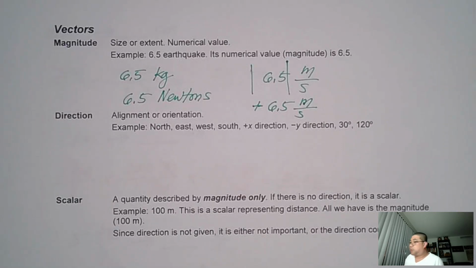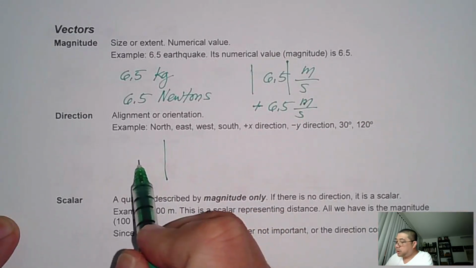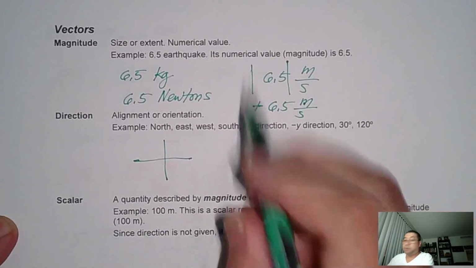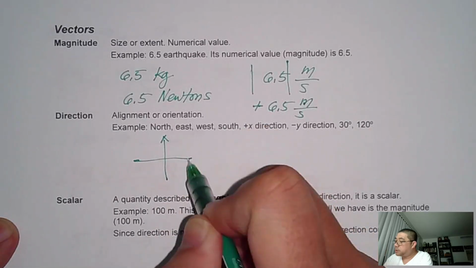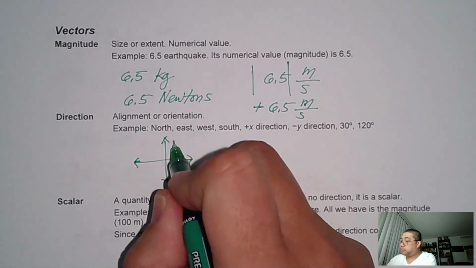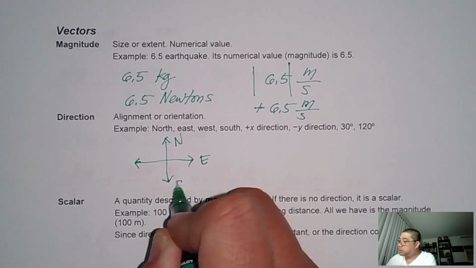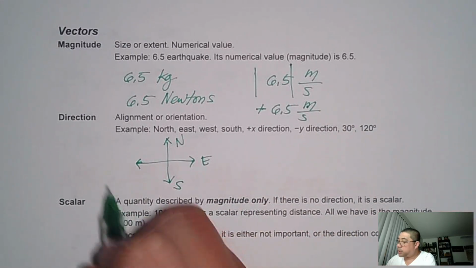Now, in terms of the direction, it's very easy. Very simple. So we have north, east, south, and then we have west.